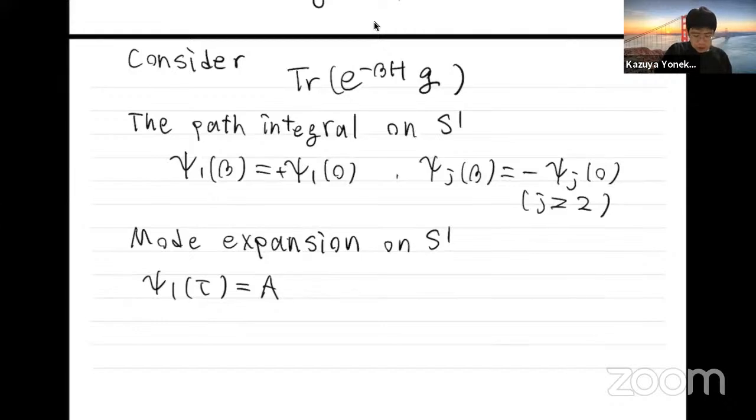And for psi1, there is a zero mode, which I denote by this capital A. So a zero mode is possible with this boundary condition. And also, there is a non-zero mode like this. So 2 pi i n tau over beta. So this tau is the coordinate of S1.